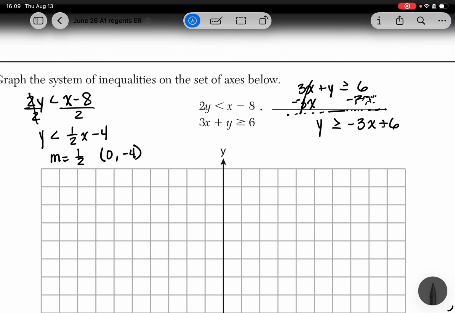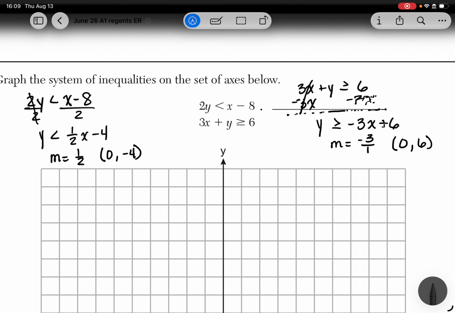Which also means that our slope, let me correct that, our slope is -3/1, because -3 as a whole number, or as a fraction, is -3/1, and then our point is going to be (0, 6).